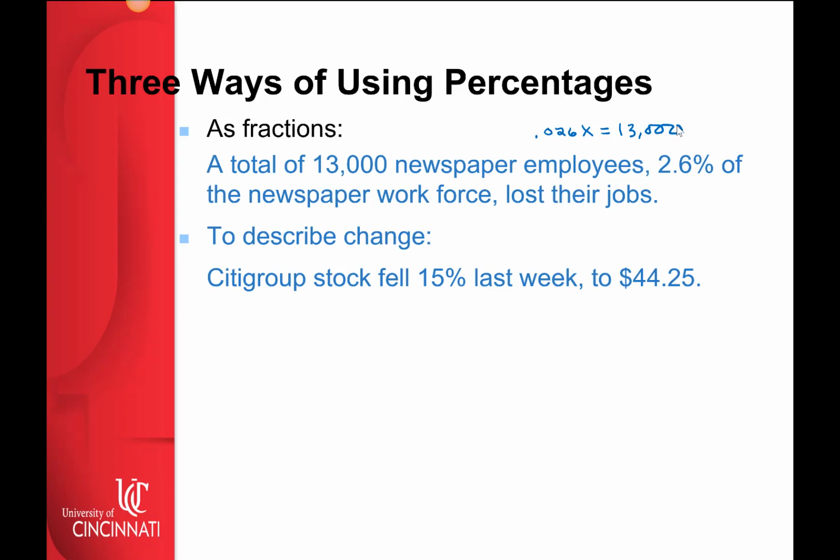Okay, a particular stock fell 15% last week. This is just something that was made up, not an actual stock quote from last week. Citigroup fell 15% to $44.25. When you're reading something like this, do you know from that information what the original price of the stock was?